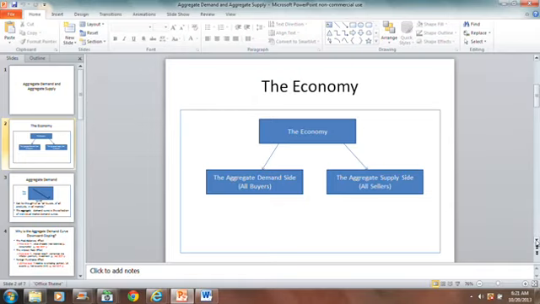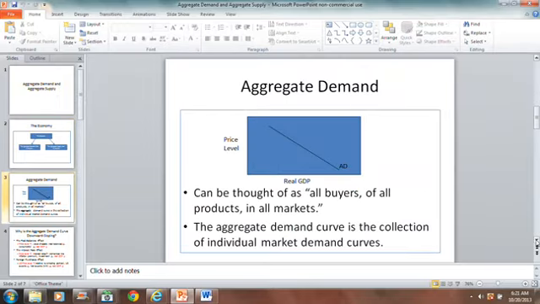Alright, so let's start with the aggregate demand side. On the aggregate demand side, you have the aggregate demand curve. The aggregate demand curve can be thought of as taking all buyers of all products in all markets and combining all that demand activity together. And you get this resulting super demand curve that we call the aggregate demand curve.